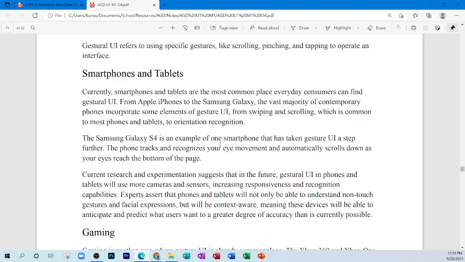Some phones can track your eyes, like the Samsung S4. I'm not sure about the newer models, but those versions would have tracked eye movement. So when you look up, when you look down, it would basically move the page in that direction. Do you guys know of any other gesture controls that phones have?